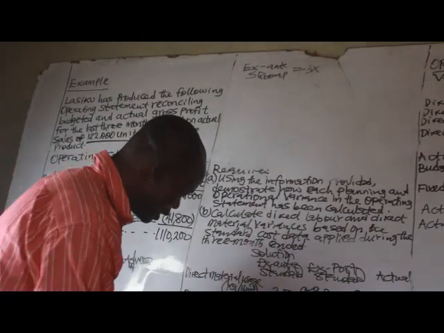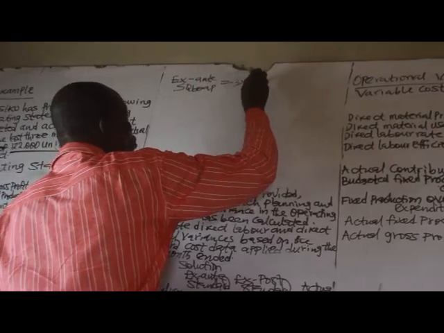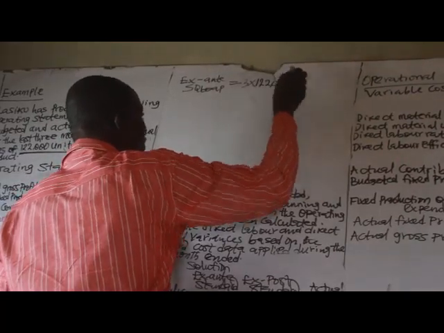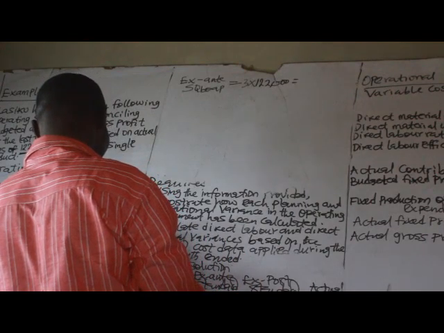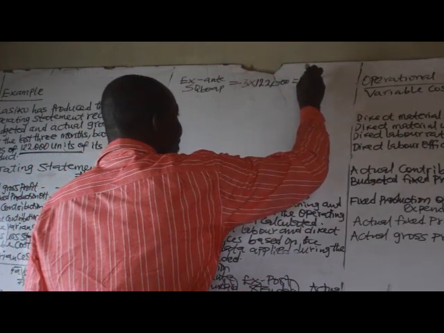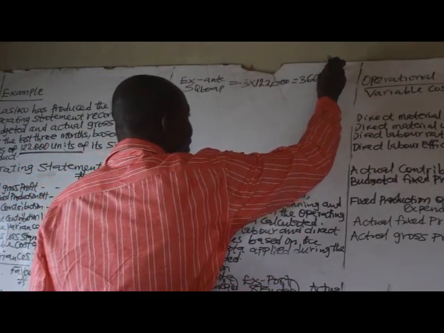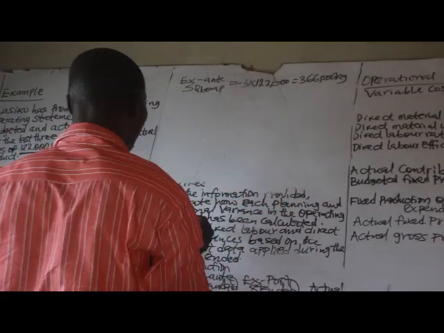So we have 3 times 122,000, which will be 366,000 kg. That is our ex ante standard quantity based on actual production.